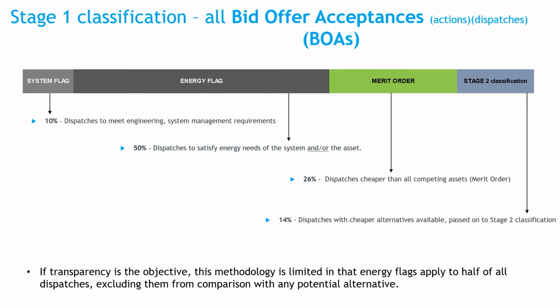But first, the main takeaway from this stage 1 classification, looking at transparency. So you have a limit in that you have these energy flags, which are applying to about half of all dispatches, and this excludes them from any comparison with potential alternatives, which we see in the stage 2 data. So that is a main takeaway from this.